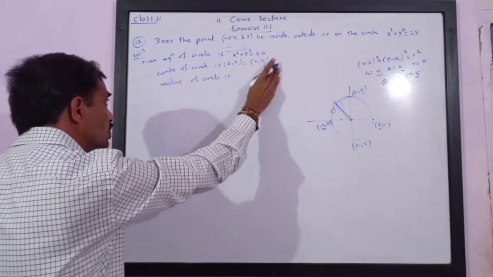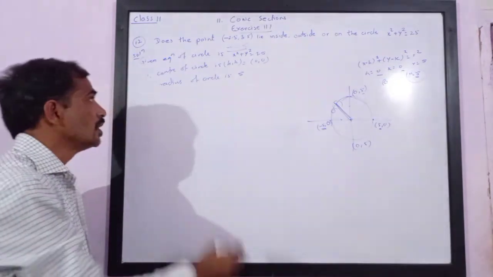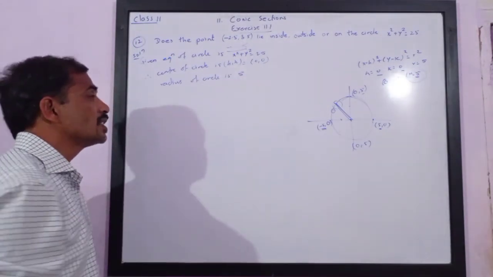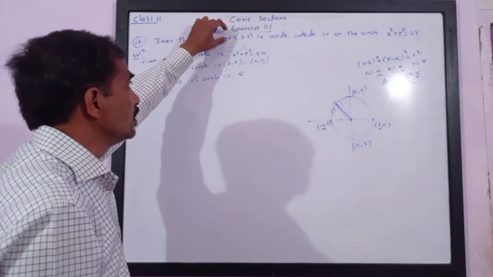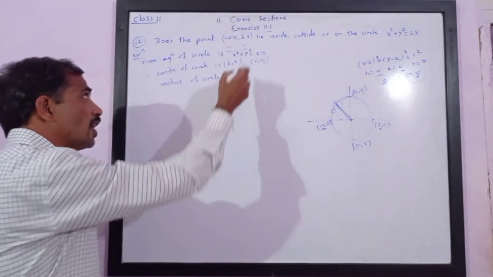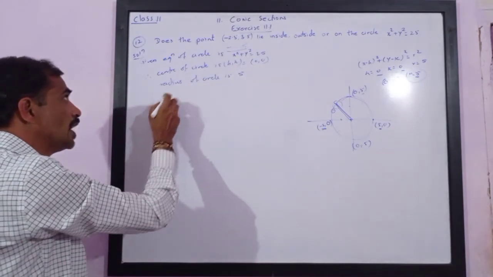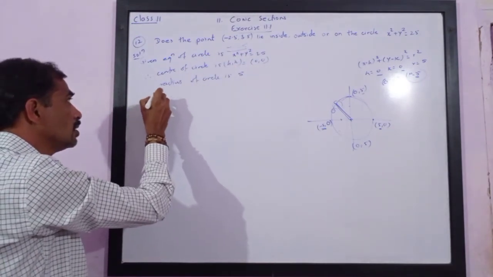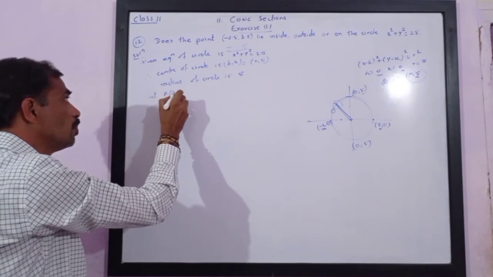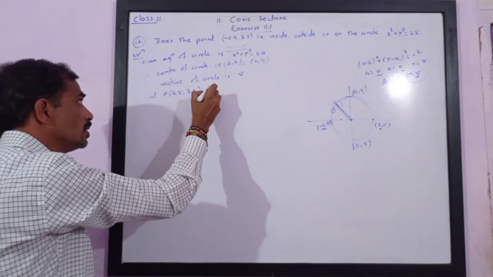It means the radius of the circle is 5, that is the square root of 25. So let us find the distance of the point. In order to find whether it lies inside or outside, we will find the distance of this point from the origin. So let P (negative 2.5, 3.5) be the point.